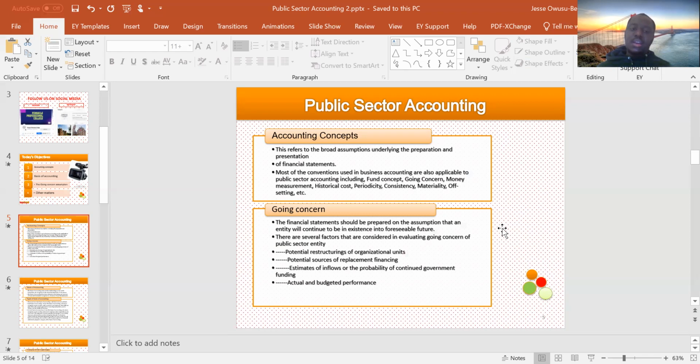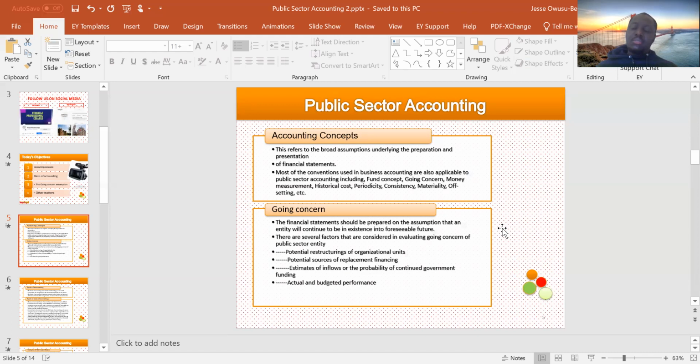When it comes to public sector accounting, there are several factors that are considered in evaluating going concern. How do they evaluate going concern in a public sector organization? That's our focus here. One of the things is the potential restructuring of organizational units. When you see restructurings in a public sector organization, it's an indicator, a drive towards going concern, towards the existence of the organization into the foreseeable future, because that's the whole purpose of restructuring, right?